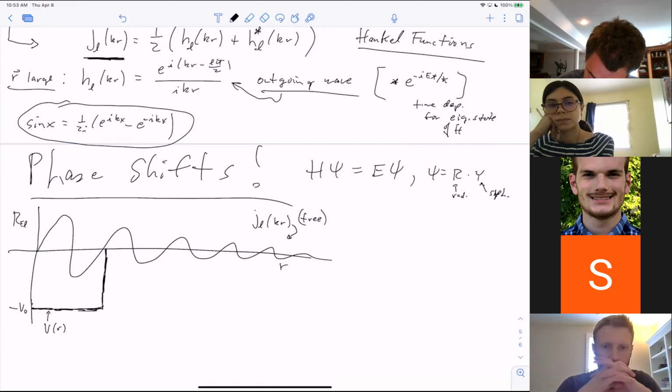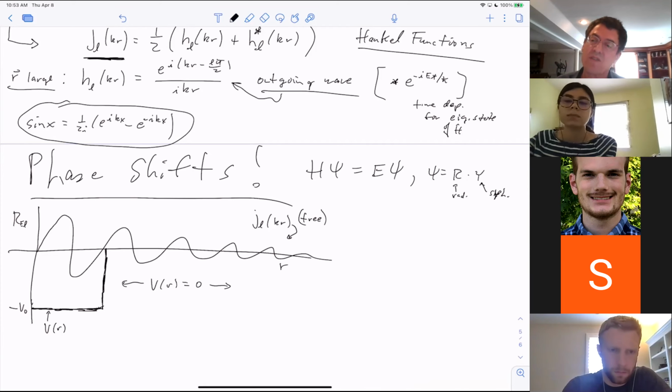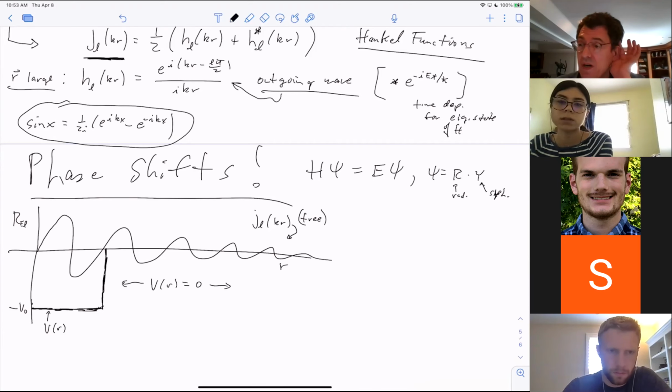And out here, V of R equals 0 in this region. What does the potential do to the wave function in that region? What effect does it have on the wavelength? No effect.